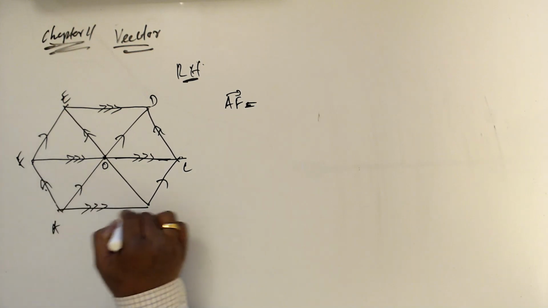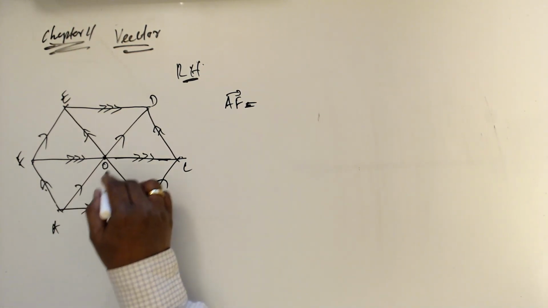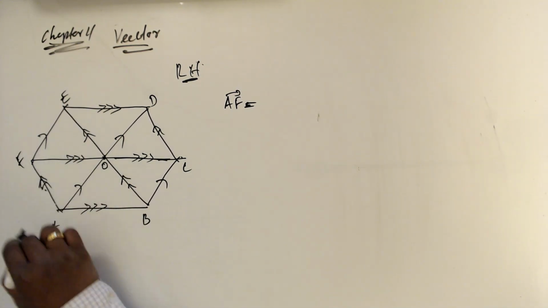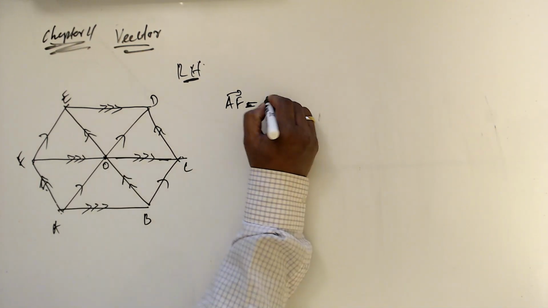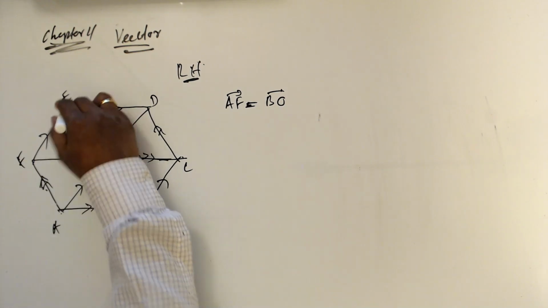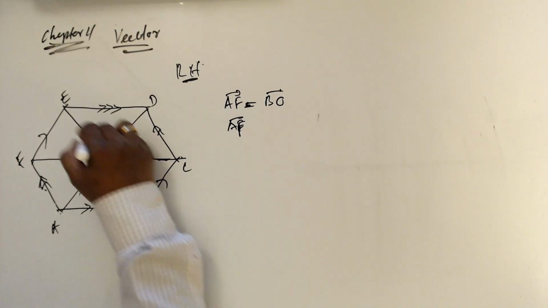So when you look at this, this is a parallelogram, so AF is equal to BO, and also AF equal to OE.